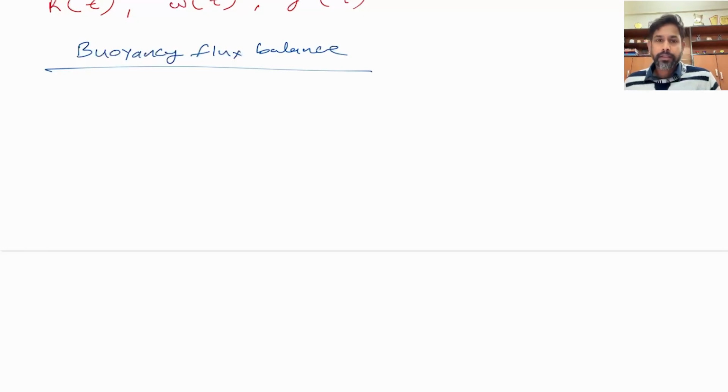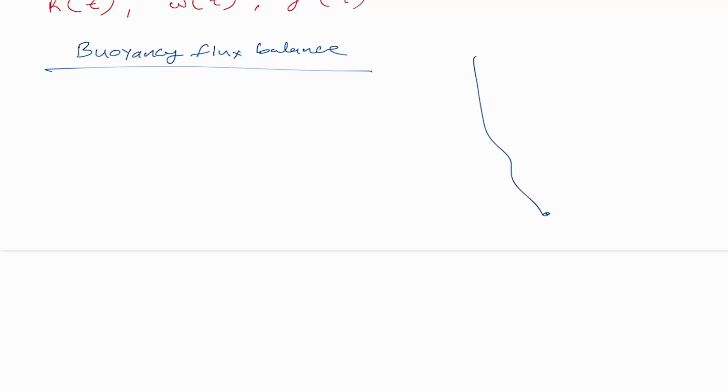Instead of considering a small element in the vertical direction, we first define buoyancy for a particular z location. So let's say this is the plume, and this is the slice we are talking about.